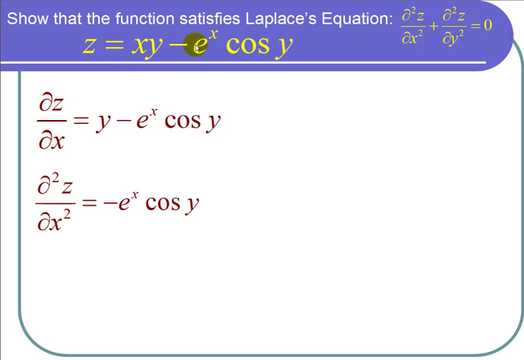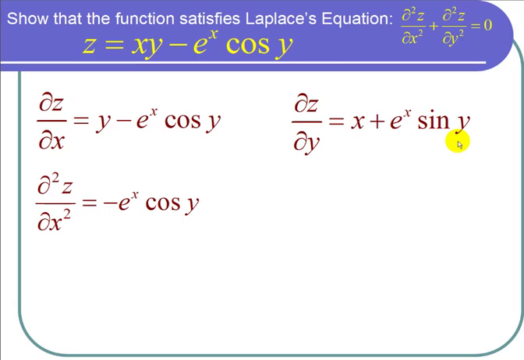And e to the x is treated as a constant, and the derivative of the cosine of y is negative the sine of y. We have a minus, negative is positive, so we're left with the derivative of z with respect to y is equal to x plus e to the x sine of y.